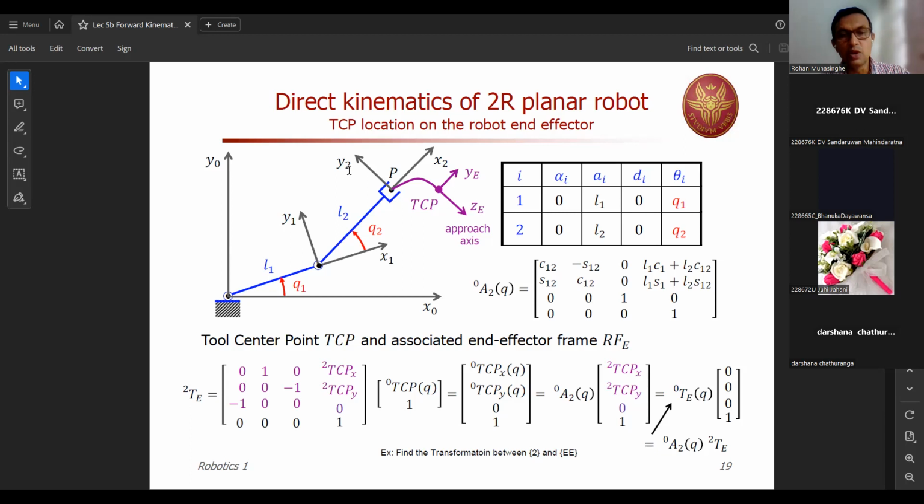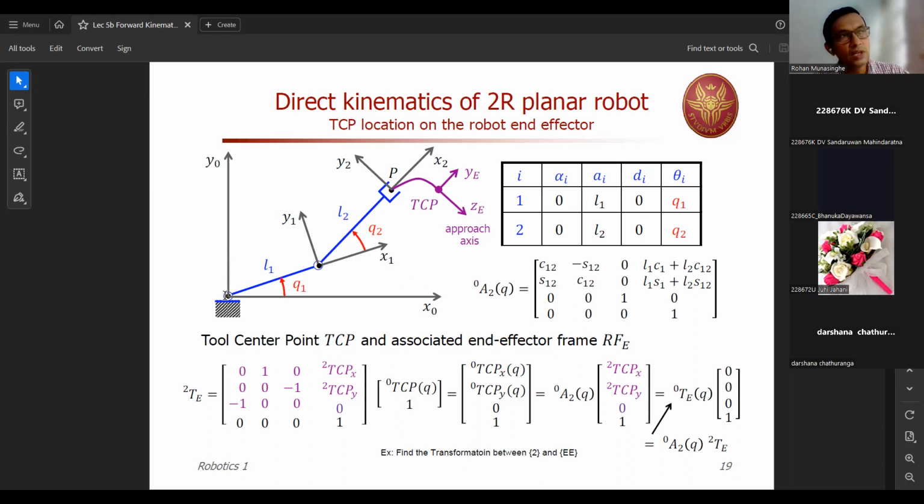And you have the joint 1 and the link 1. Joint 2, link 2. It goes like that. And this table here is what is called the DH table. And there you can see the first row is for joint 1. Joint 1 is over here at the origin.